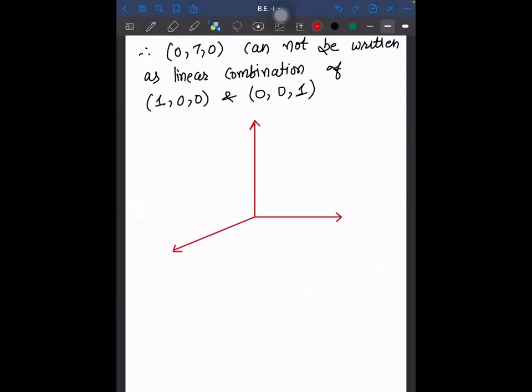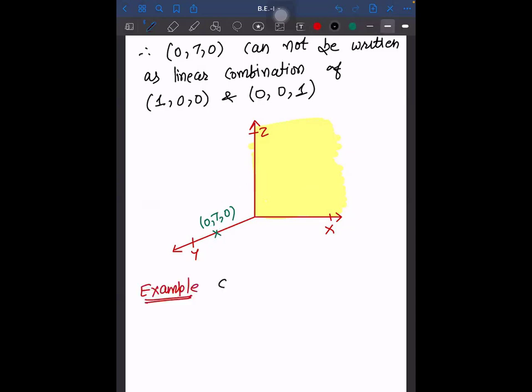Let's say this is X, this is Y, this is Z. Now your vector is here, (0, 7, 0). And the linear combination will look like this, the whole XZ plane, right? So the infinite part, all of this infinite part is generated. And you clearly see that (0, 7, 0) will not fall in this plane, right?